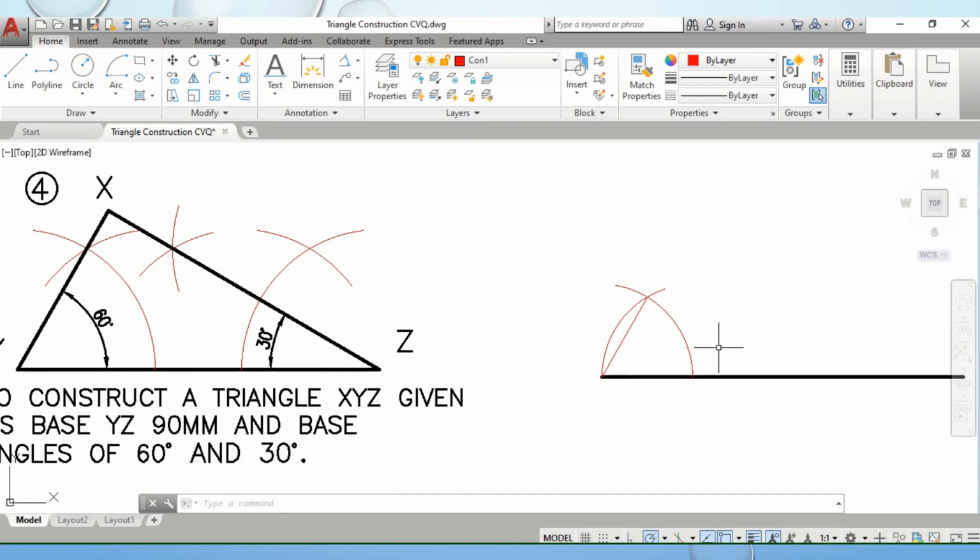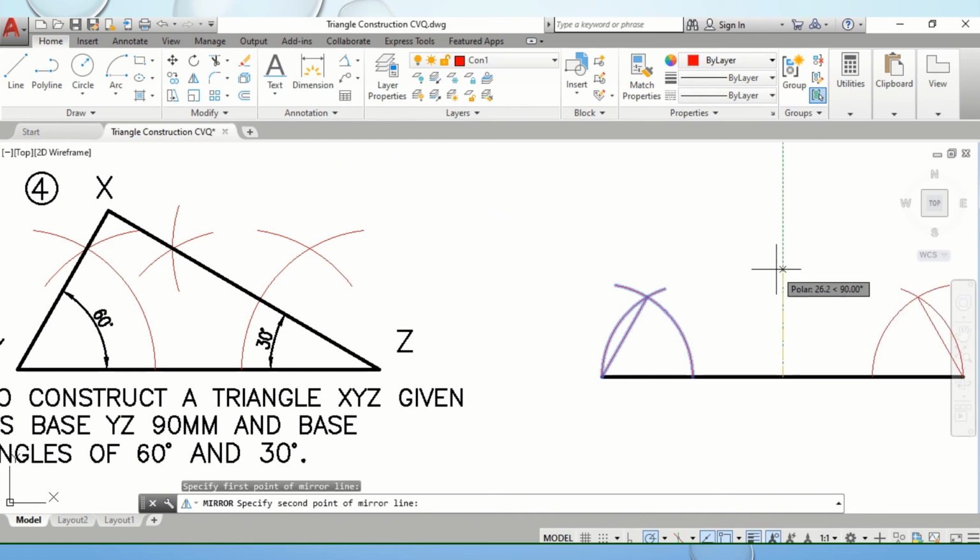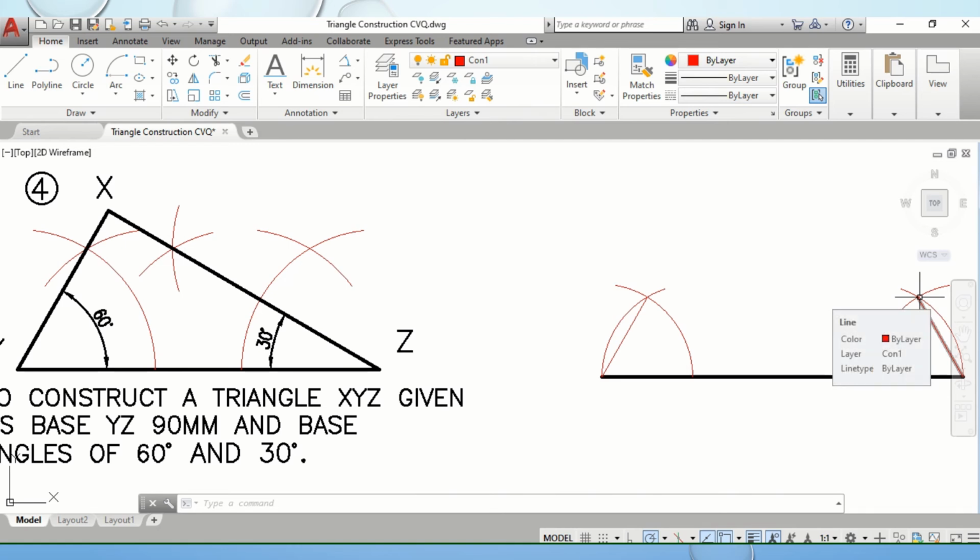What I'm going to do to make this short, I'm going to copy the 60 degrees using mirror, and I'm going to put that on the other side. We're going to use this 60-degree construction to construct the 30-degree angle.